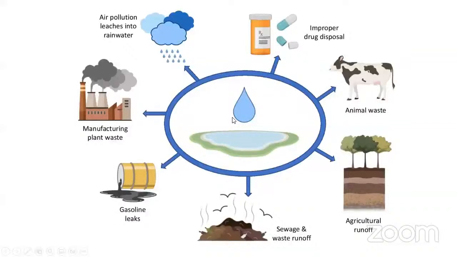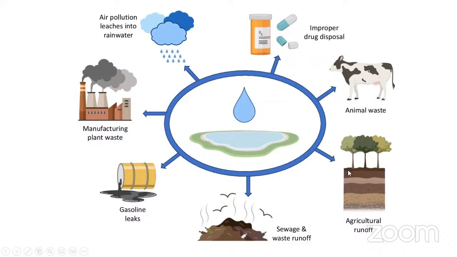Here you can observe that groundwater may be contaminated as air pollution leaches into the rainwater, and it may contaminate the groundwater. Improper drug disposal is also one of the pollutants, along with animal waste and agricultural runoff.